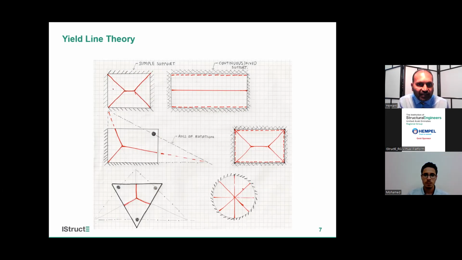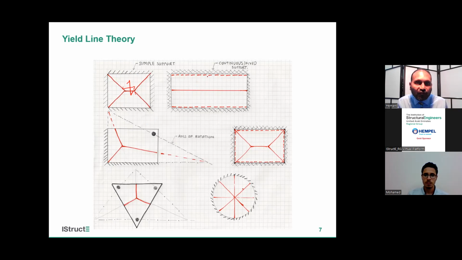So if Ly by Lx is less than 2, we call it two-way slab where load gets transferred to both ends, and simply supported. So this will be the yield line. The dark line shows tension at bottom, correct? And the dotted line shows tension at top.